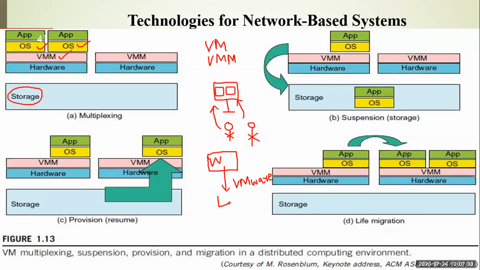What is the advantage? The space taken by Linux is not a separate part; that space is occupied by Windows. In the previous case, whenever you click Windows or Linux, they take different parts of the memory.